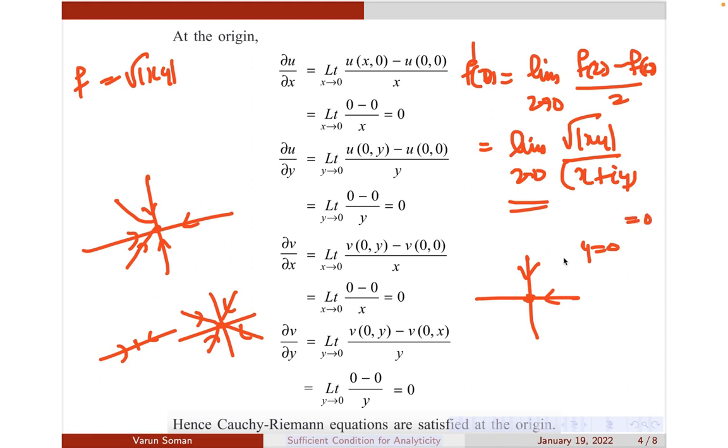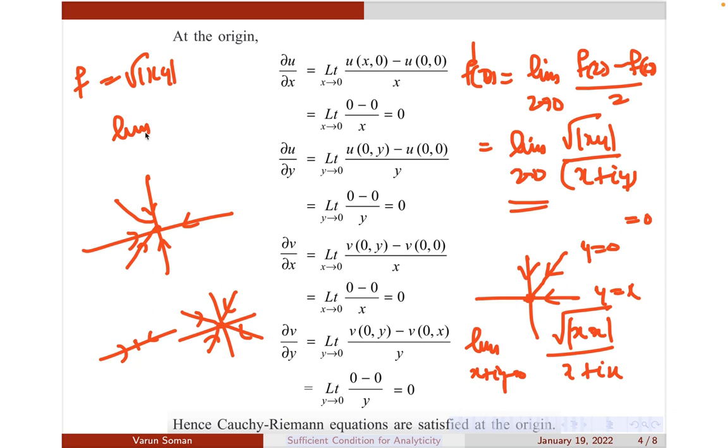What happens if I go to this point through the line y is equal to x? Suppose I am going to 0 through the line y is equal to x. My limit will become the limit as x plus iy tends to 0; we change it into root of modulus of x into x, because my y is taken to be x, by x plus ix. That is the limit as x tends to 0 of root of modulus of x square by x plus ix.